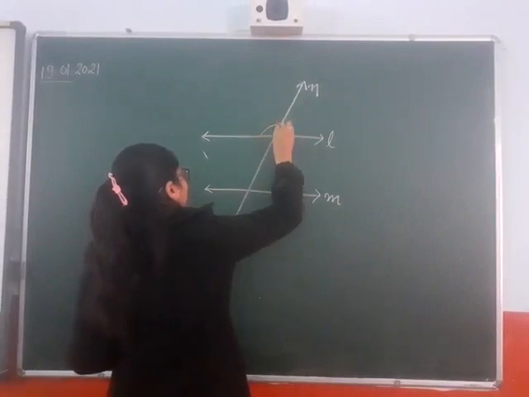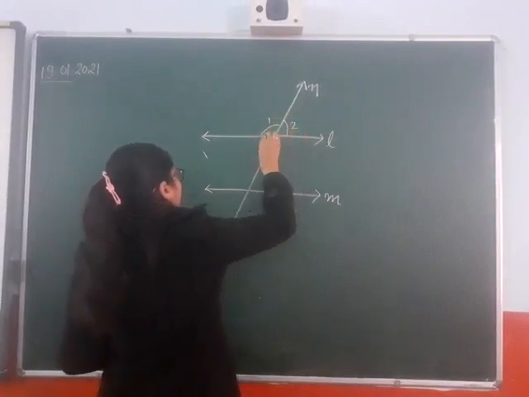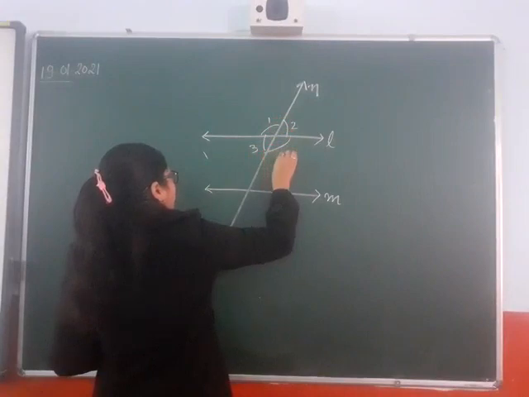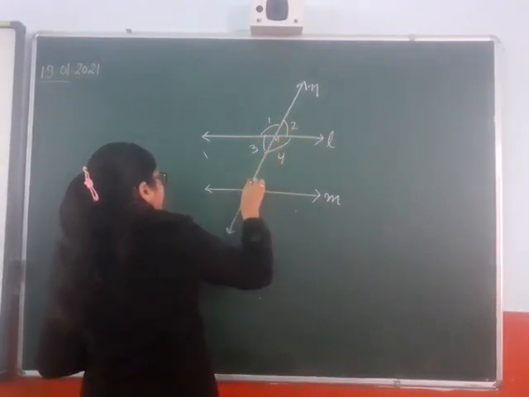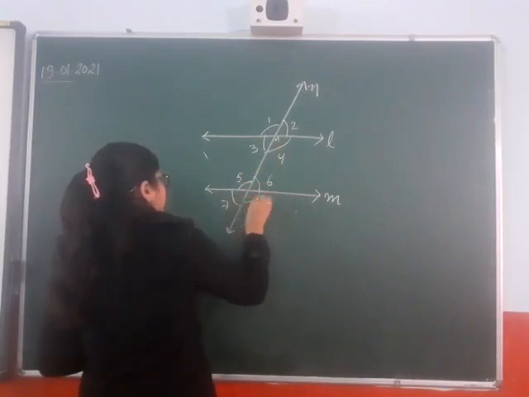We are talking about angles 1, 2, 3 and 4 at point A, and then 5, 6, 7, 8.